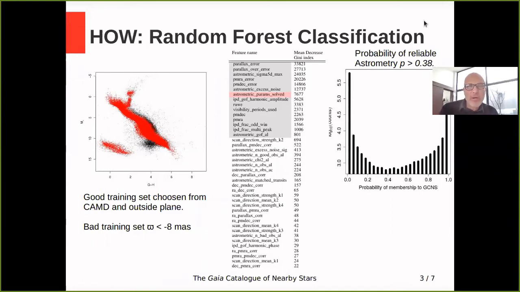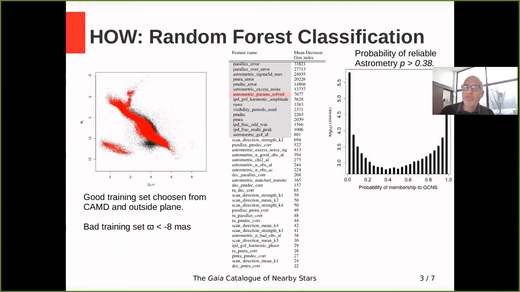Now, once we query the database for sources that are likely candidates to be within 100 parsecs, what we actually do is we select those that have parallaxes greater than or equal to 8 milliarcseconds. And when we do that, we realize that there is a strong contamination from spurious parallax solutions, which make sources fall in places of the color absolute magnitude diagram which aren't physical.